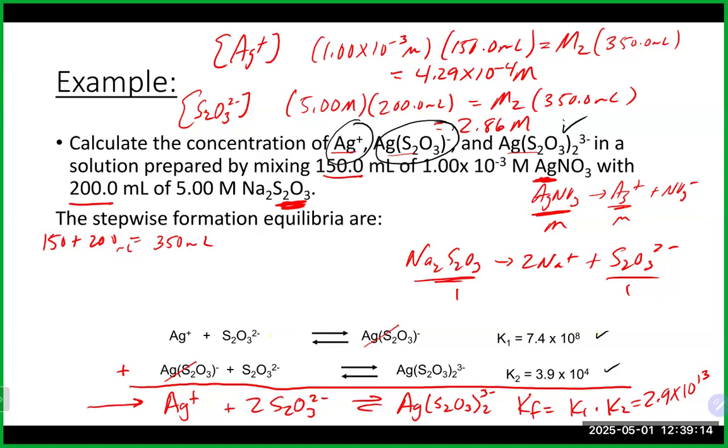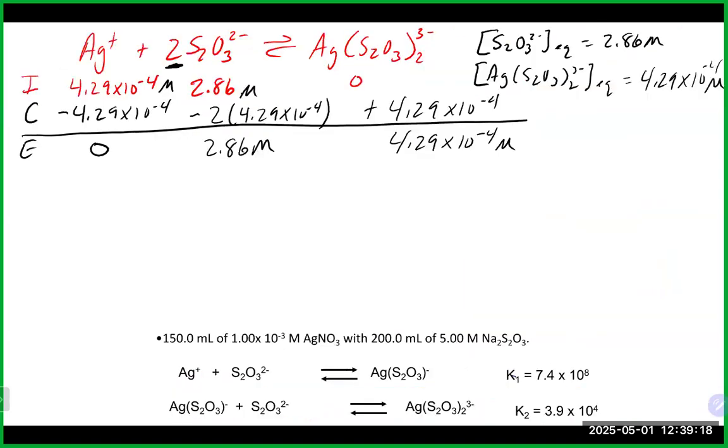At this point, you really do have a couple of options. Because they gave us each of these equilibrium reactions separately, you could use each of them separately if you choose to.